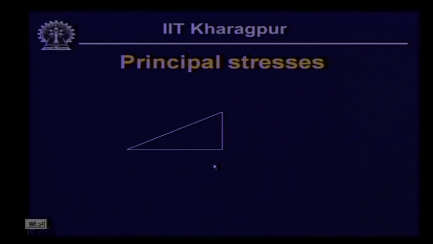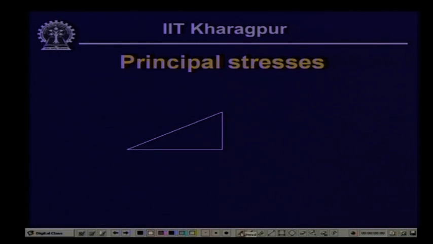Now, let us evaluate the maximum values of these normal stresses, the principal stresses. We have seen that this angle 2 theta p, where tan of 2 theta p is equal to tau x y by sigma x minus sigma y by 2.